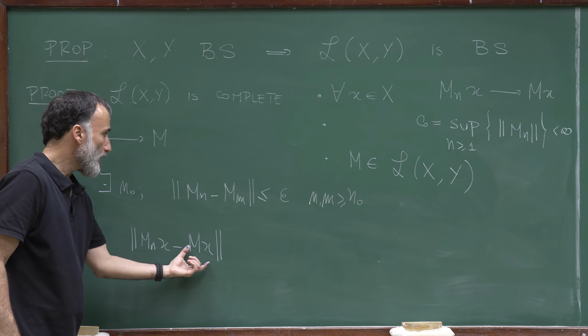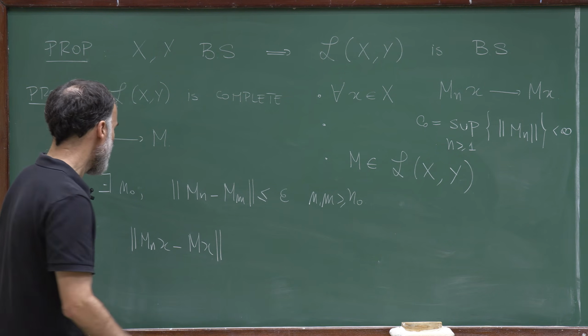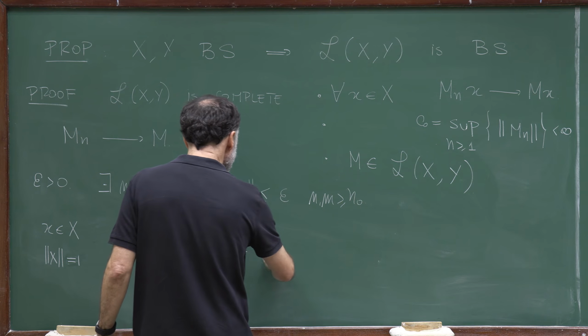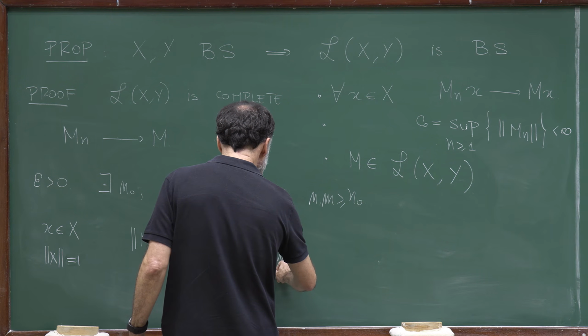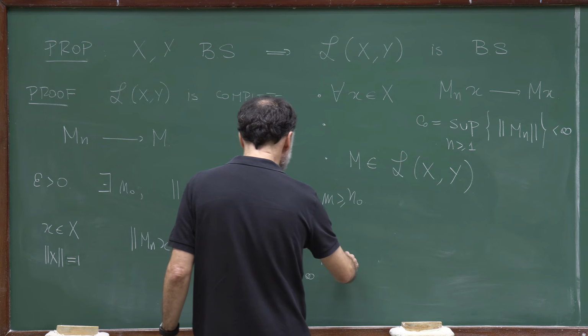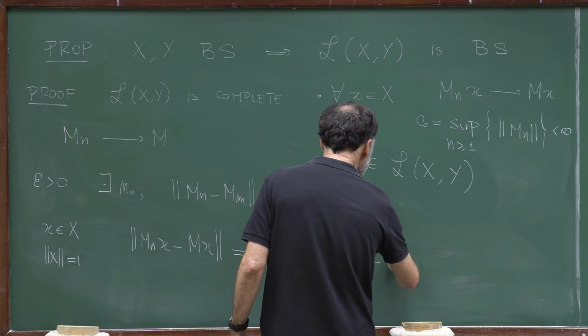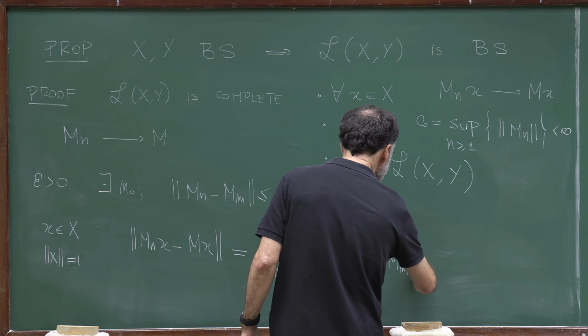Well, I know that Mx is the limit of Mmx, so this is equal to the limit as m goes to infinity of Mmx minus Mx.